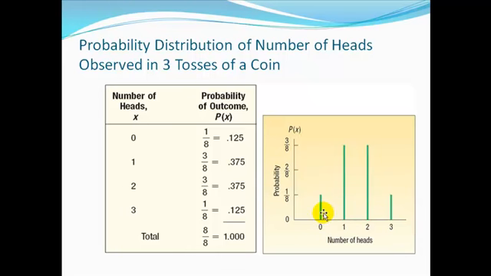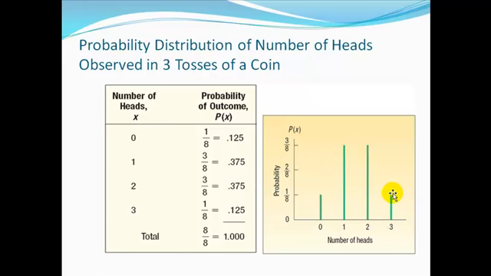It distributes the probabilities. For 0 heads face up, the probability of that is 1/8. For 1 head face up, the probability of it is 3/8. For 2 heads face up, it's also 3/8.